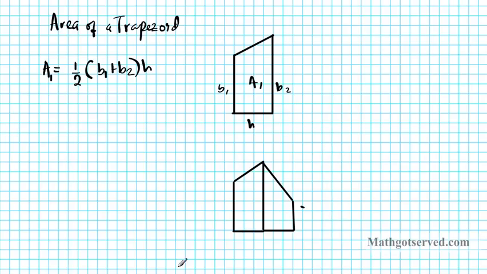I need to make it have equal base, so that was a little bit too long. So say it goes like that, right down. And then the last trapezoid looks something like this. Okay, so we have 4 trapezoids here. So the question is, what is the area of this figure, all these trapezoids in simplest form?